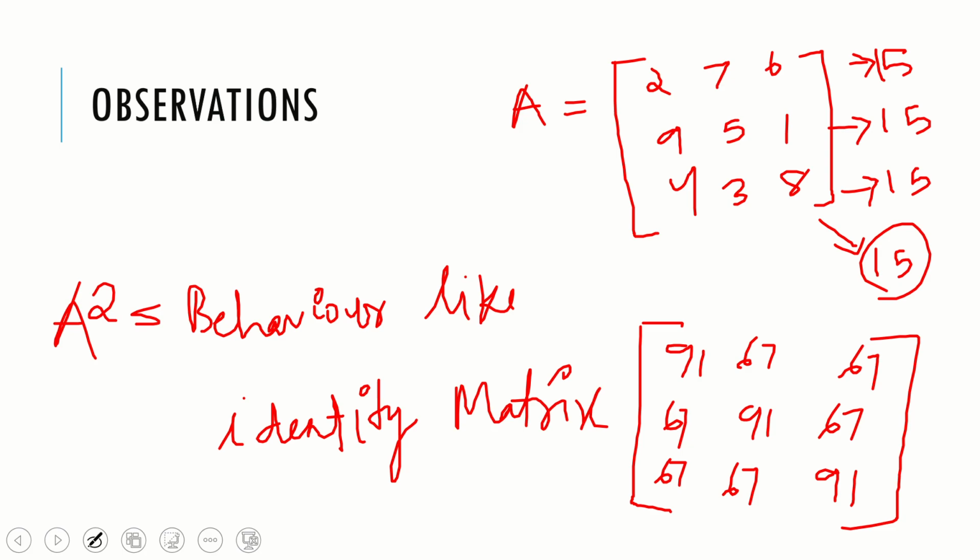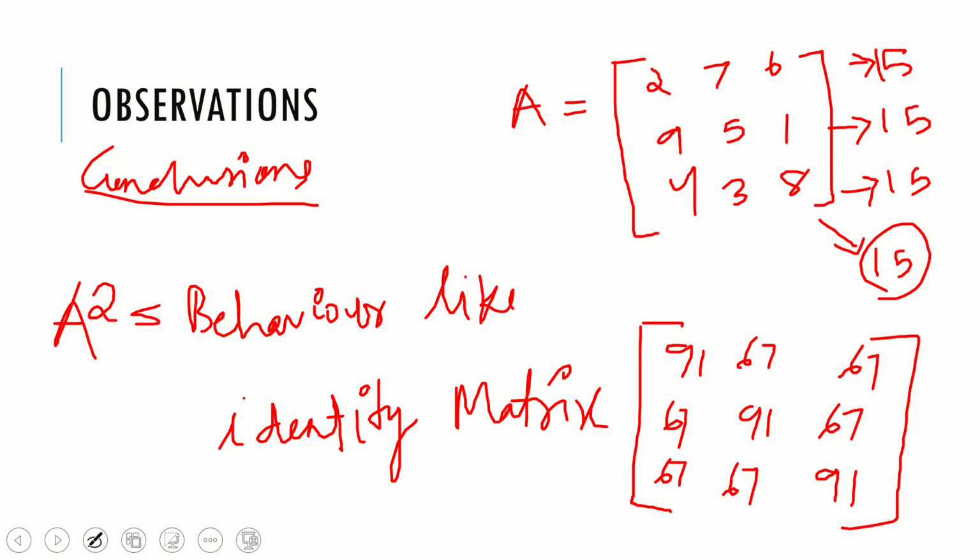So yes, if you multiply matrix A, which is a magic square matrix, two times, it will behave like an identity matrix. This is another observation. You can also consider these as conclusions. We don't have a slide of conclusions, so these are the conclusions. You can write down the conclusions I'm dictating here.